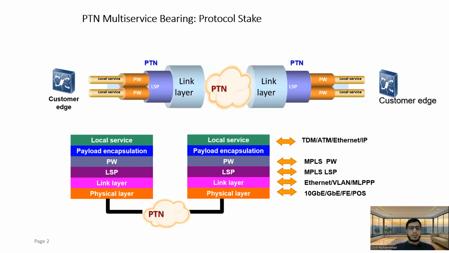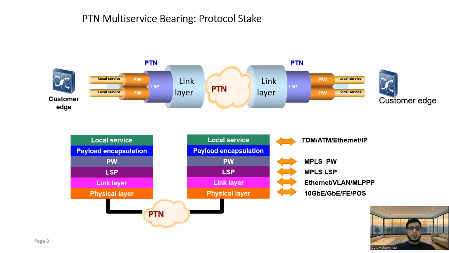PW is a wire which is connecting our services. So we can map any of the services, like our E1 services through CES, or it can be Ethernet services.